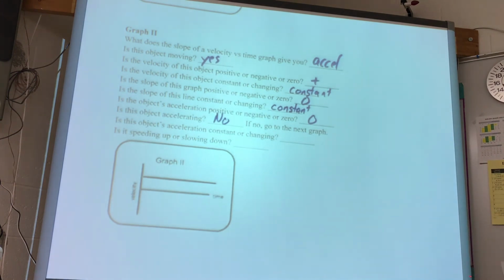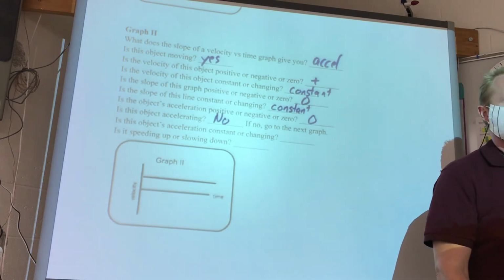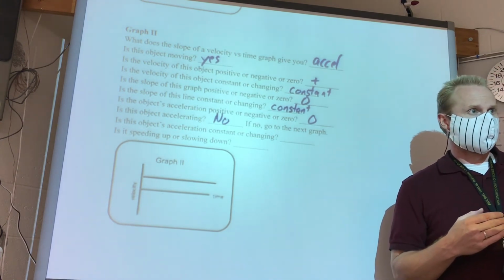It is possible to have a curved velocity versus time graph. And in fact, that's really what most things in life are. Like if you think of you accelerating from a stop sign to the speed limit, you're going 0.